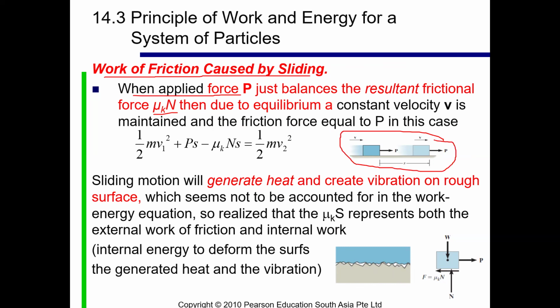The scenario is built in a way that equilibrium is maintained, which means that the external applied force P is balancing the resulting frictional force. So this is the condition of dynamic equilibrium.